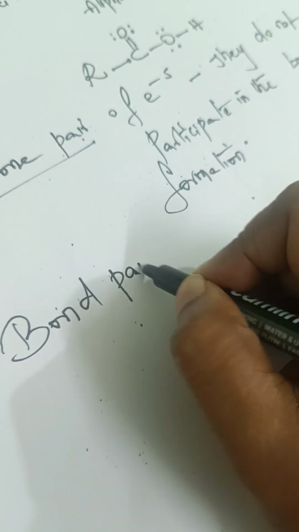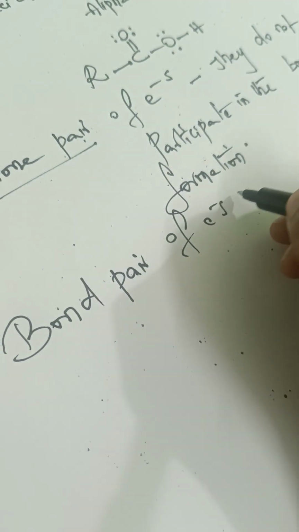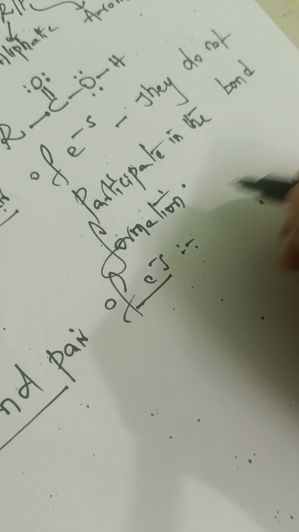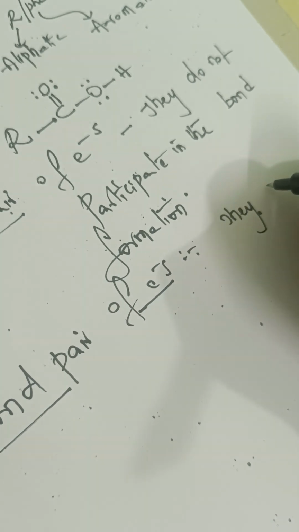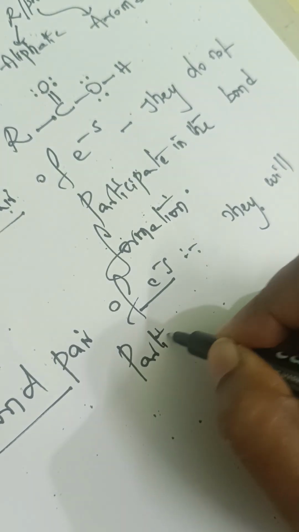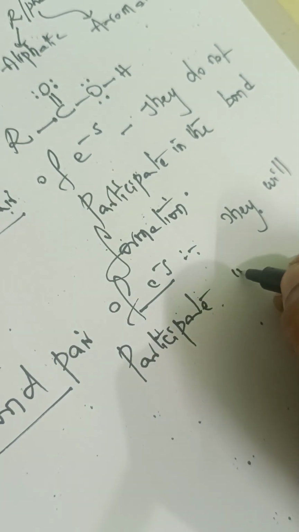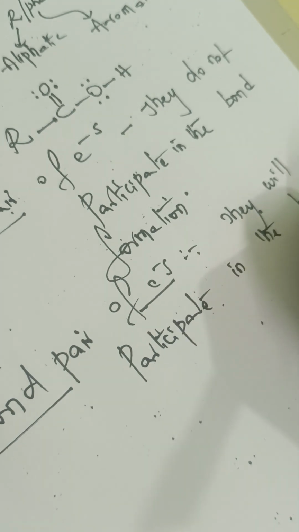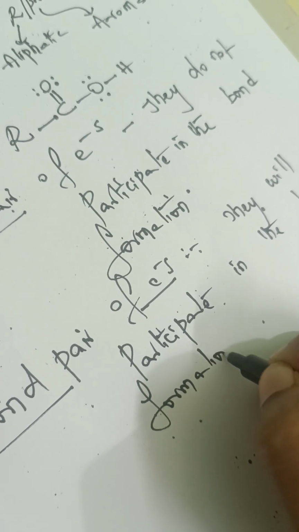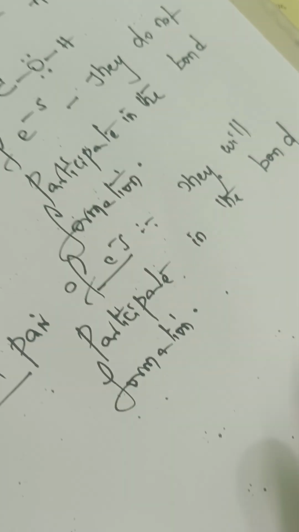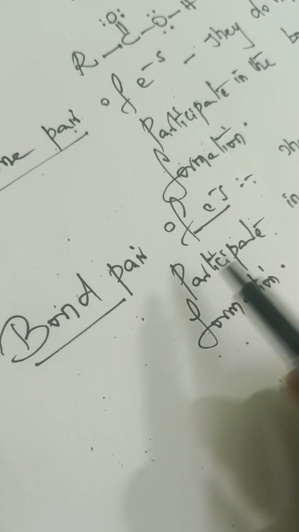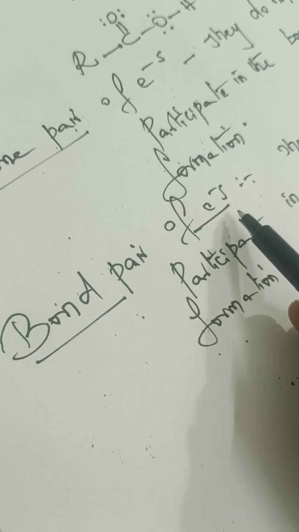These bond pairs of electrons participate in the bond formation. So the pair of electrons which participate in the bond formation are called bond pair of electrons. Okay.